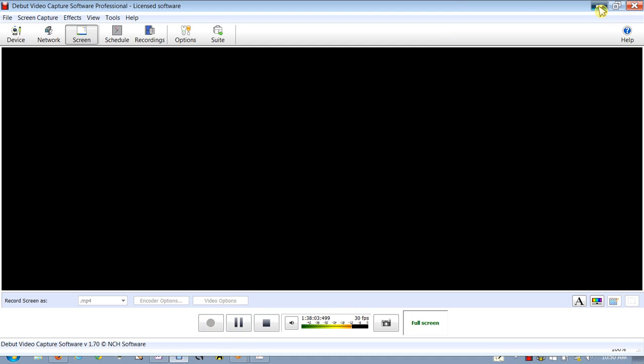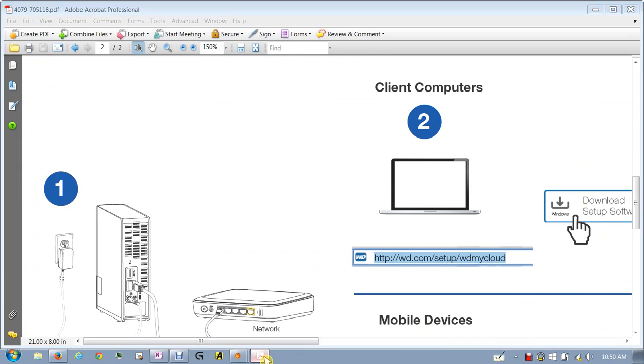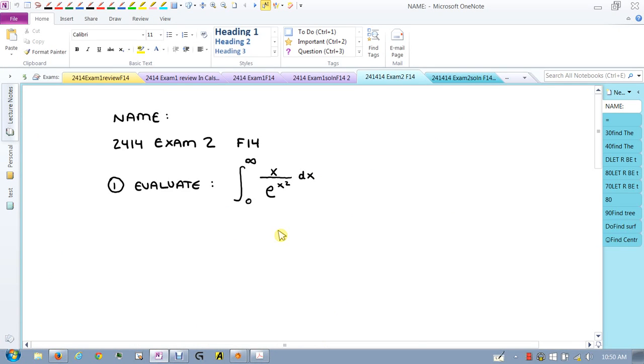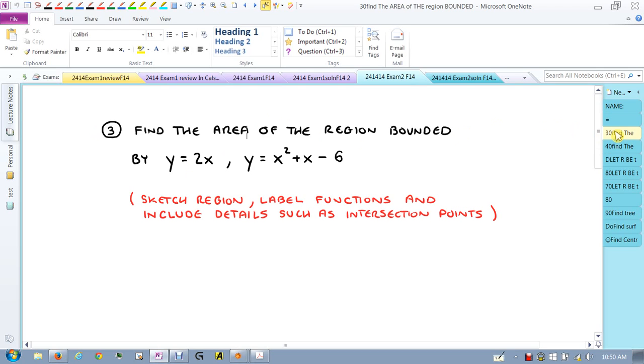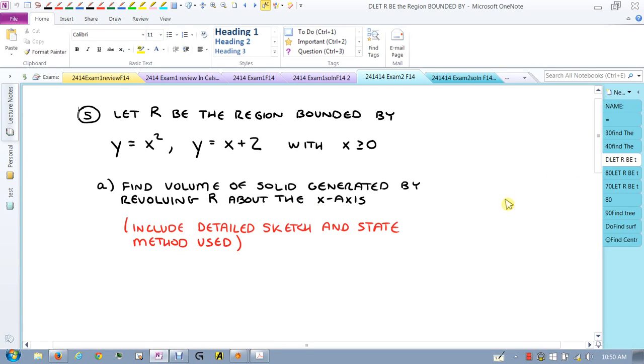Okay, I just sent you an email of homework. I called it homework. It's the exam 2 that I gave this past fall. But the thing that's most critical for you to look at tonight would be number 5. Let R be the region bounded by these curves with x greater than or equal to 0.